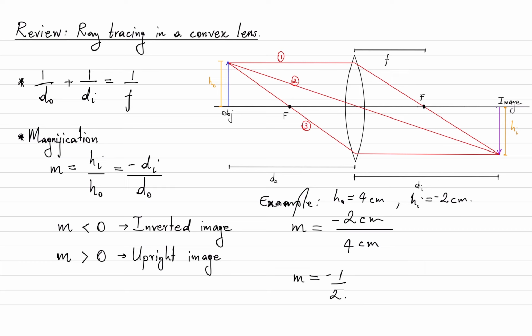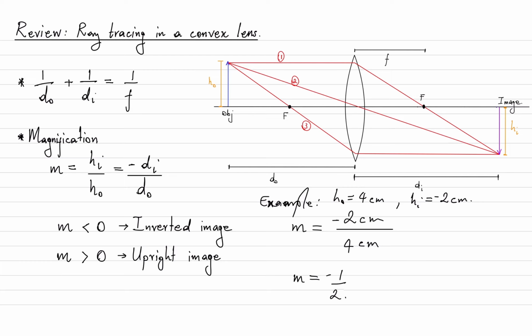So notice what we have learned. The sign of the magnification is negative, and that teaches us that this lens inverts the image. That is, the orientation of the image is opposite to that of the object.